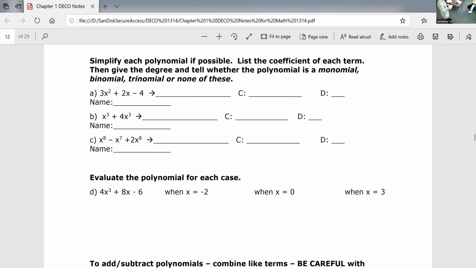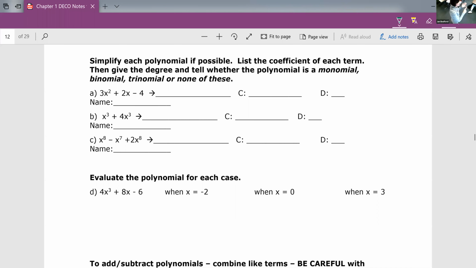We're going to identify the coefficient. And then I'm not going to ask you about the degree, but let's see if you can identify whether it's a monomial, a binomial, a trinomial, or just a polynomial. So what would be any like terms on A?